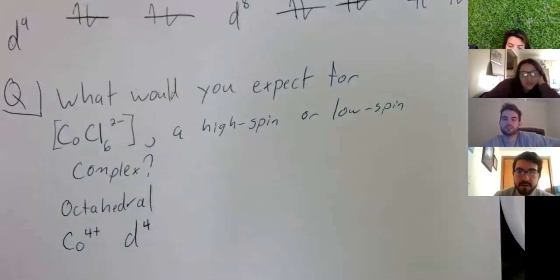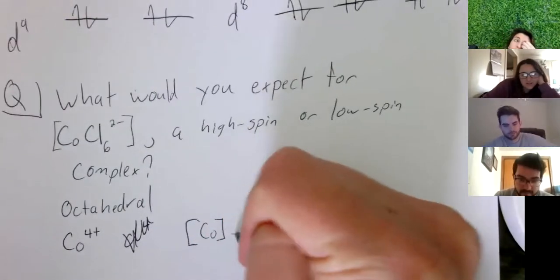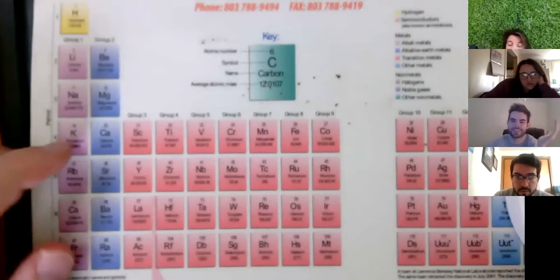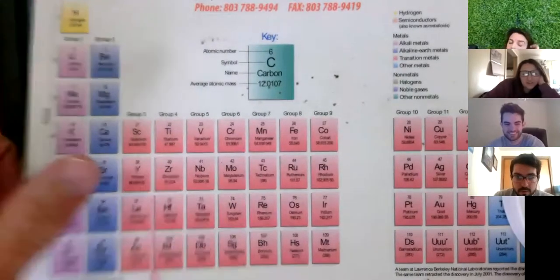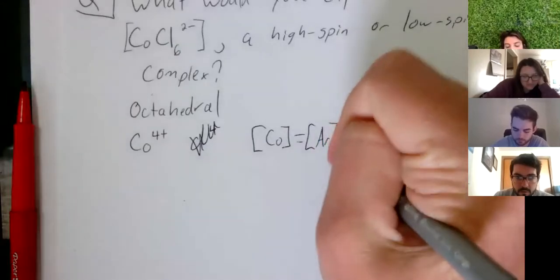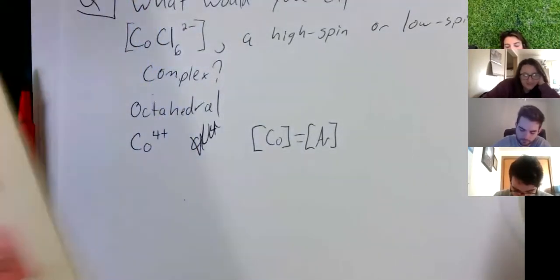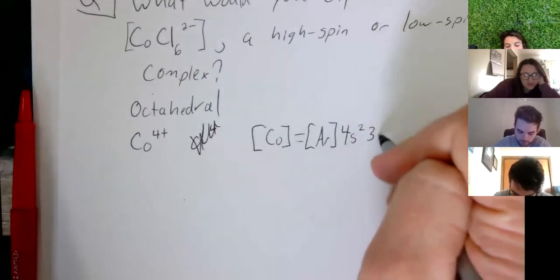Let's write out the configuration for cobalt. So it'd be Argon, 4s2, 3D.